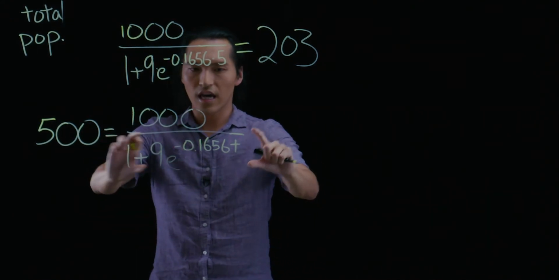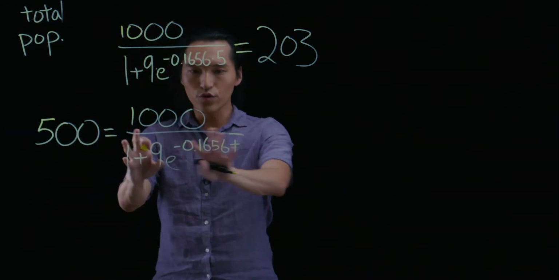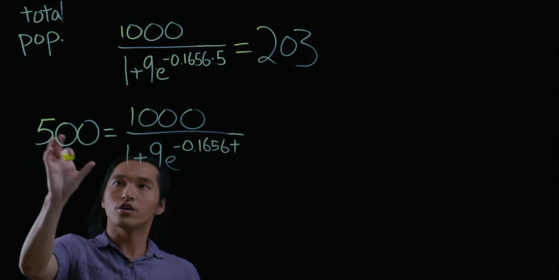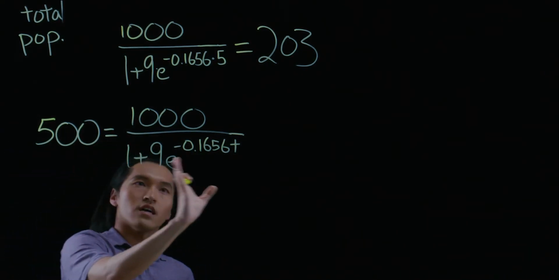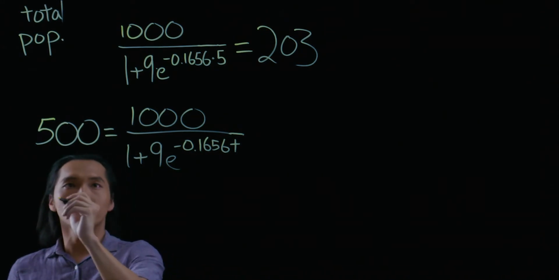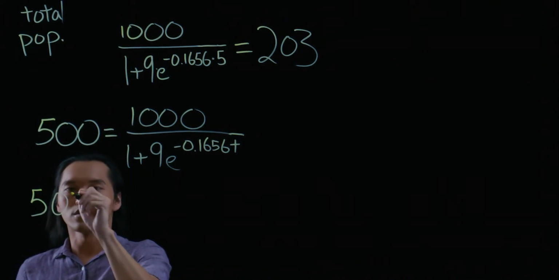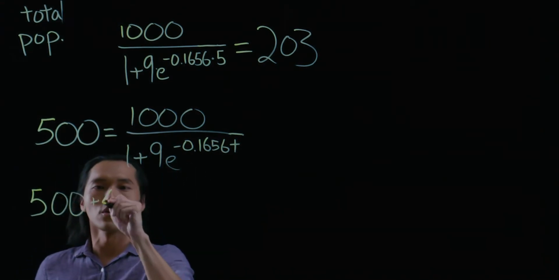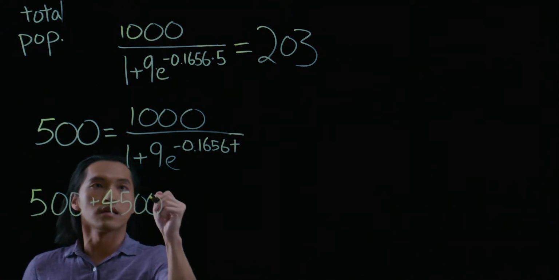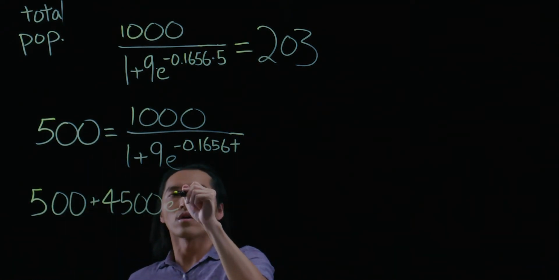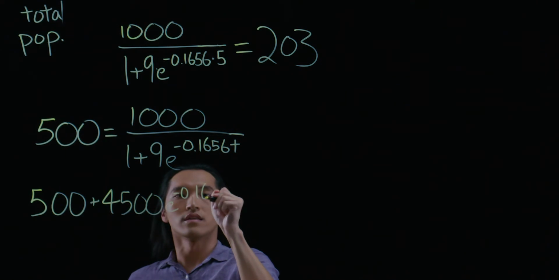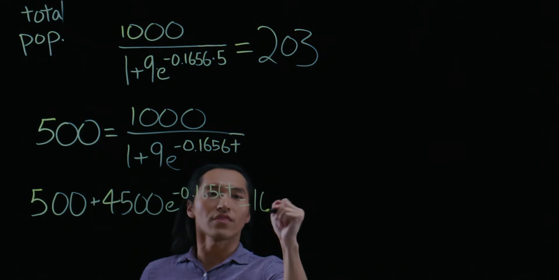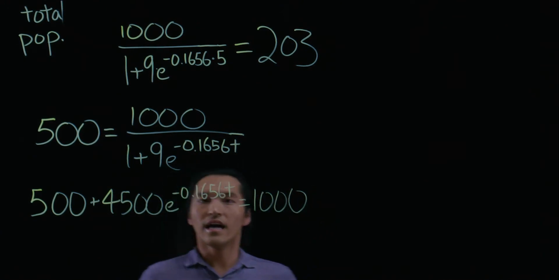If we multiply both sides by this, we've removed it from the denominator and moved it to the other side. So we would be multiplying 500 times 1 plus all of this. That will give us 500 plus 9 times 500, which is 4,500, e to the power of negative 0.1656t, all equal to 1,000. Now we can continue to isolate.